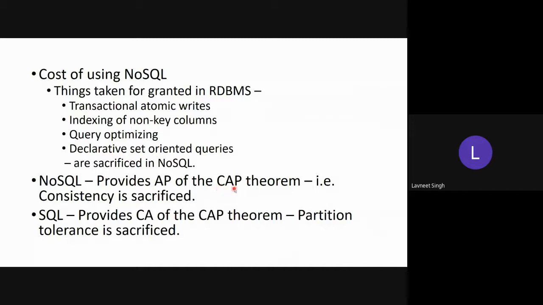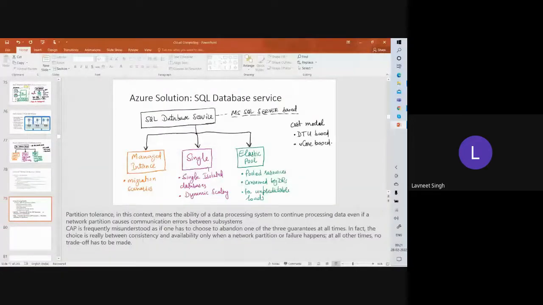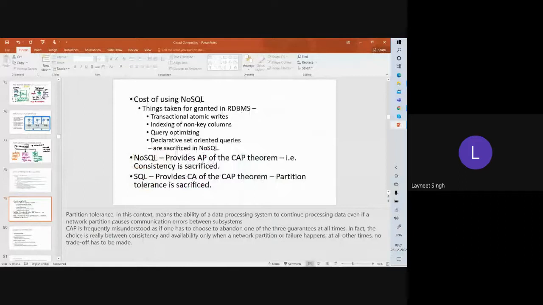So CAP theorem is basically what it says is that no database can provide all three at the same time. Consistency, and what was A? Availability or atomicity? Let me check because of the recording.